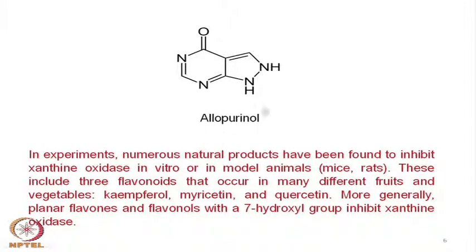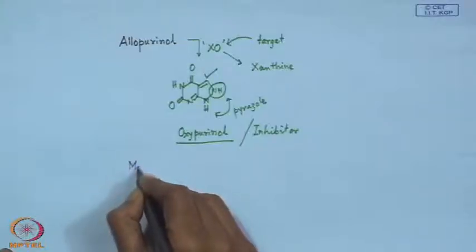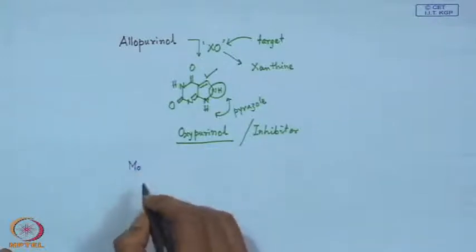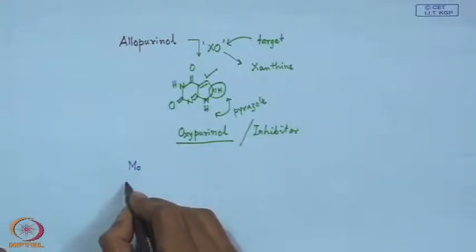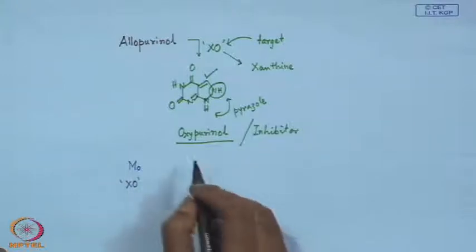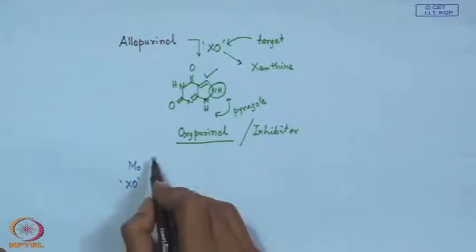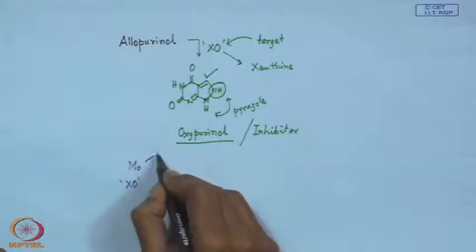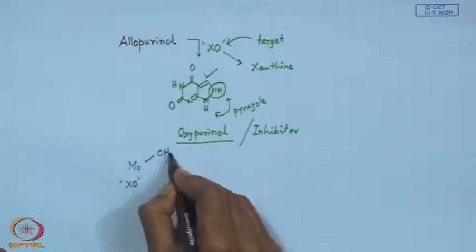So, when we have the xanthine oxidase, the reaction we can study is basically very simple, because whatever we are studying here is that particular molybdenum site which is there in the xanthine oxidase. The molybdenum site is available, and it is loosely bound to a water molecule.